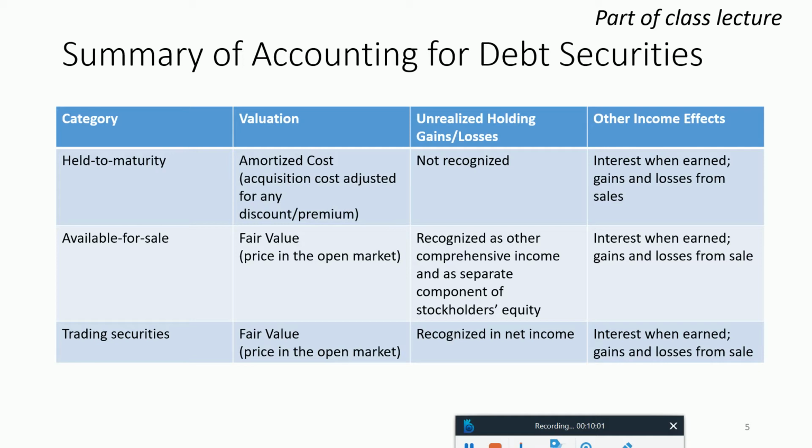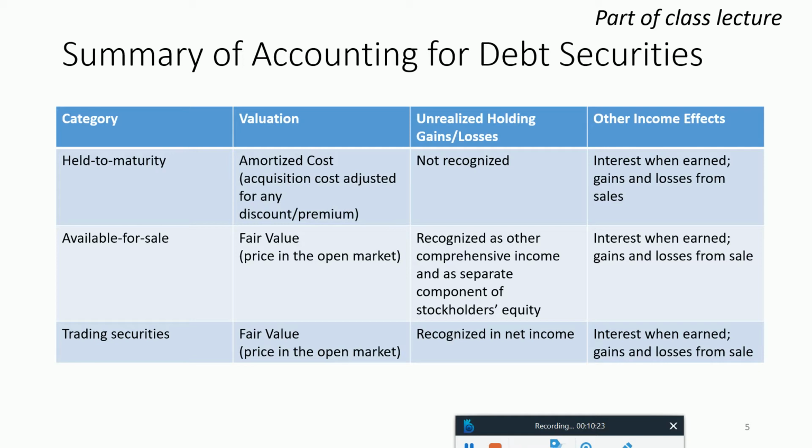For both available for sale securities and trading securities, they are valued on the balance sheet at fair value, so basically what they would be trading for on the open market. Where they differ is when it comes to unrealized holding gains and losses. I'm actually going to start with trading securities first.